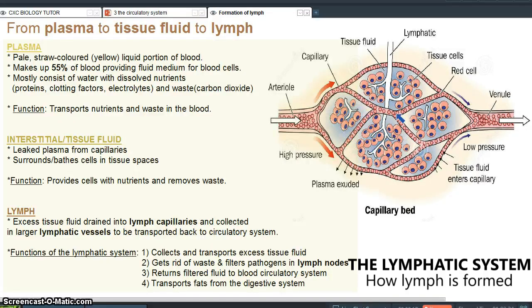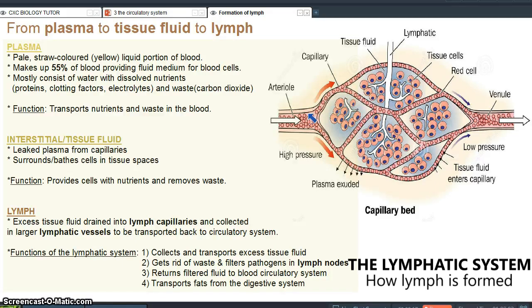You're seeing a lot of cells that make up the tissue, and you're seeing the capillaries, and you have the arteriole. The arteriole is a small artery, so the blood going through the arteriole is under high pressure. This is blood that usually is coming from the heart. That high-pressured blood now flows through the capillaries, and remember, this blood is carrying all the nutrients that need to be deposited into the cells of the tissues.